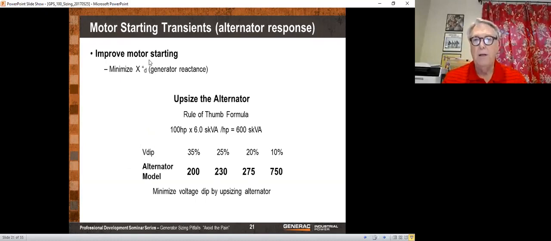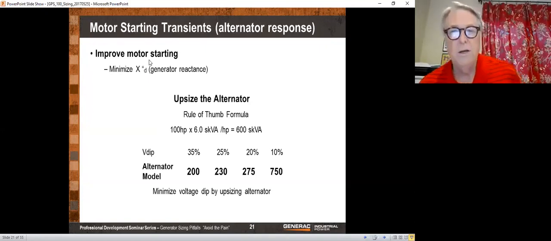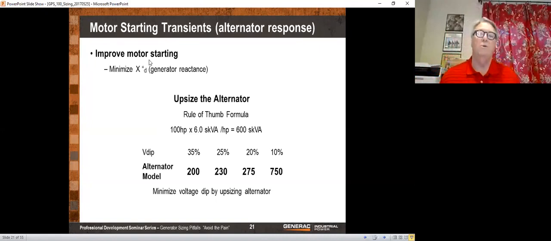I would like to spend a lot of time on this, but due to time, we're just going to look at it very quickly. We have a 100 horsepower motor that's going to have about 600 starting kVA. We look at our curves and find out that, first of all, we need a 200 kilowatt generator, because that's the rule of thumb, right? 2 kilowatts per horsepower.